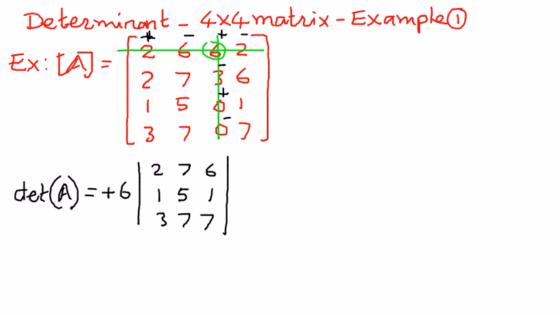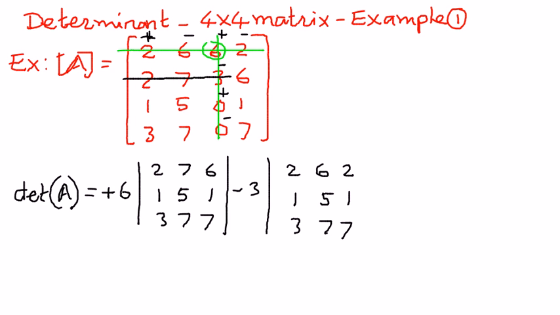And then negative 3 times the minor of that, which is going to be 2, 6, 2, and then 1, 5, 1, and then 3, 7, 7. When we are looking at the second row, third column, we eliminate the second row and third column.